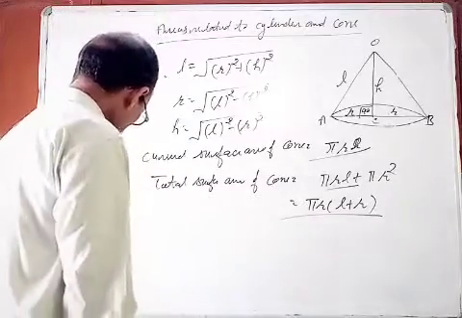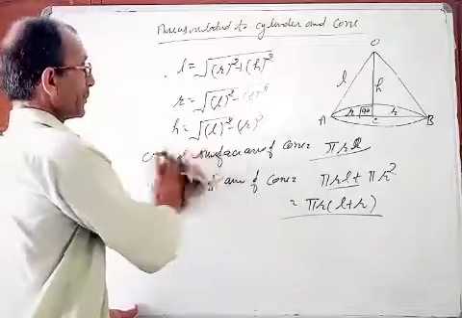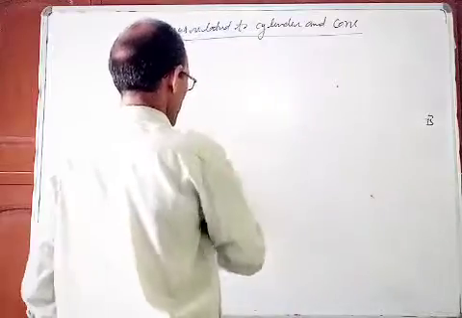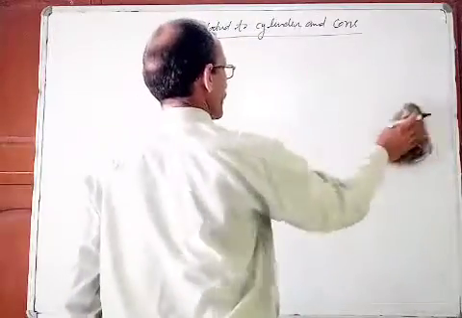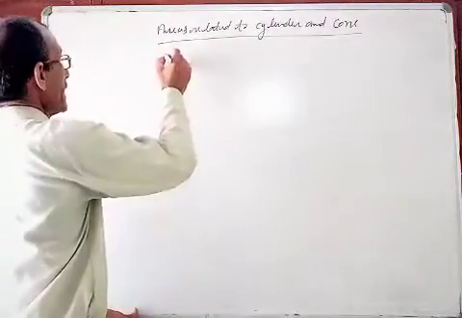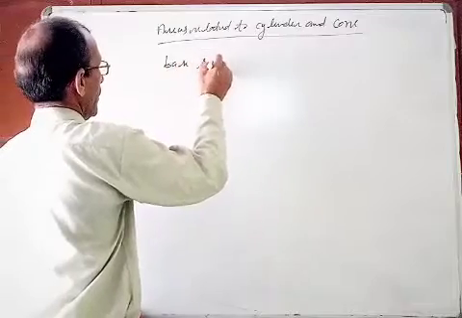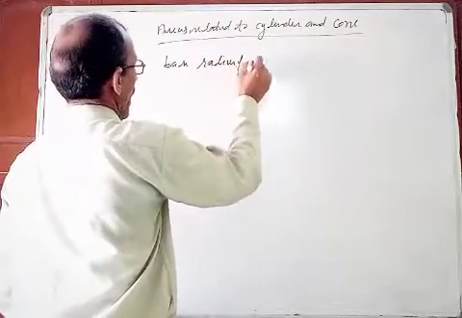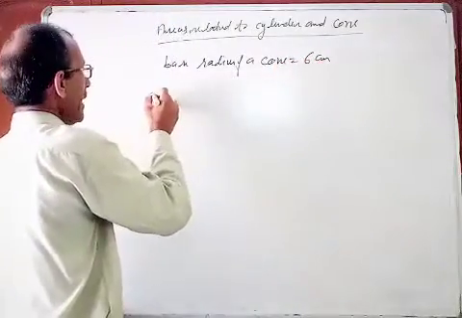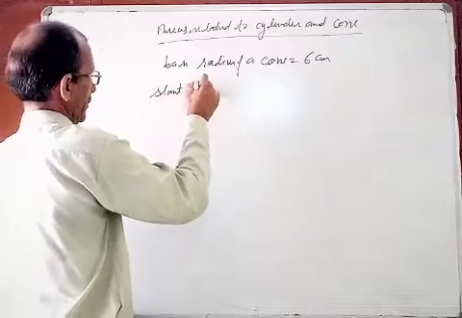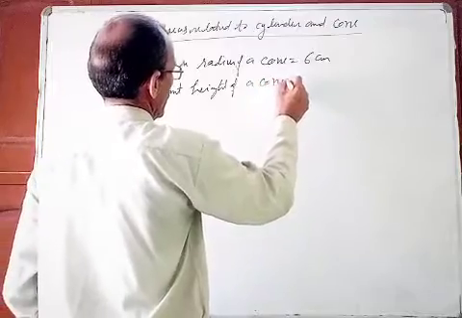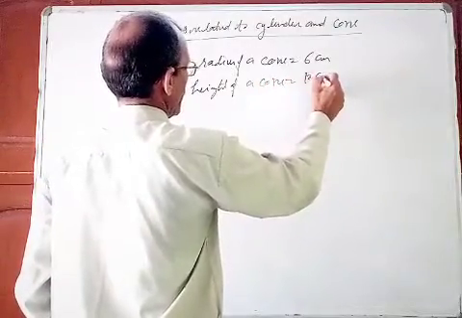Now one question related to cone. Base radius of a cone is 6 centimeter and slant height is equal to 10 centimeter.